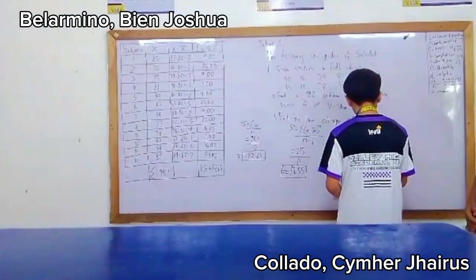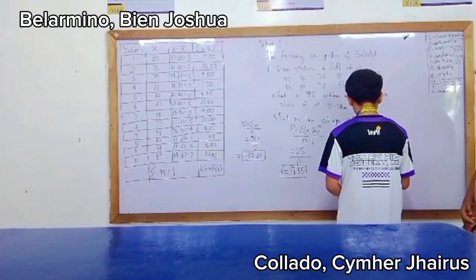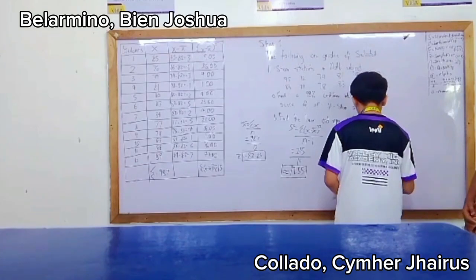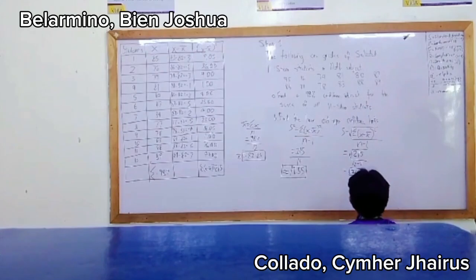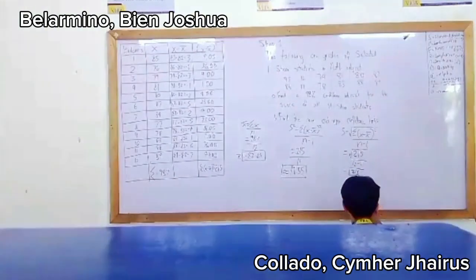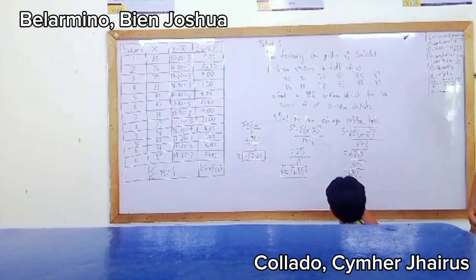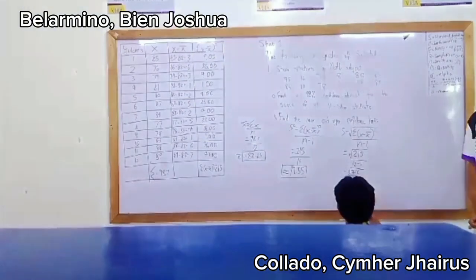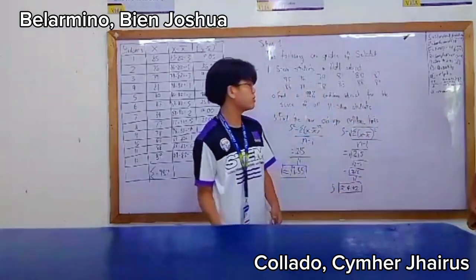Square root of 215 over 12 minus 1 is equal to the square root of 215 over 11, approximately 4.42. Our standard deviation is approximately 4.42.